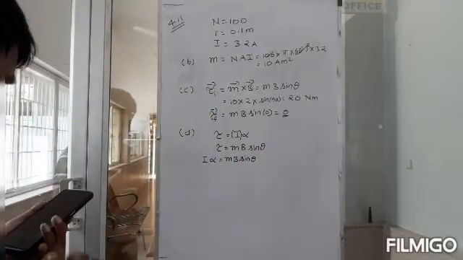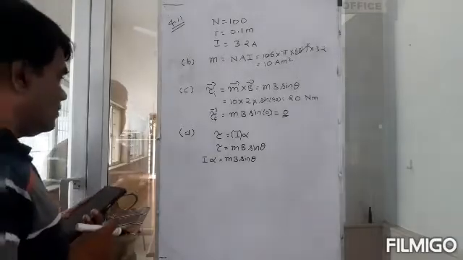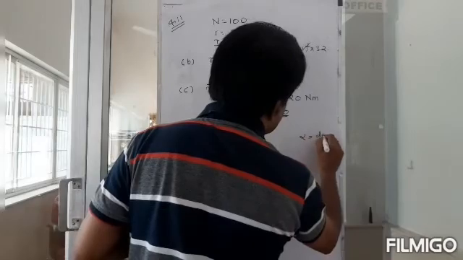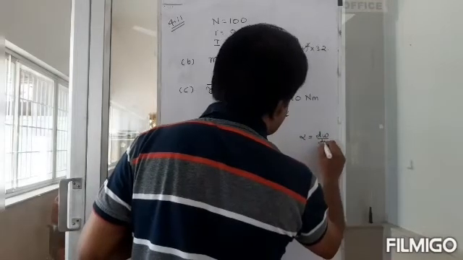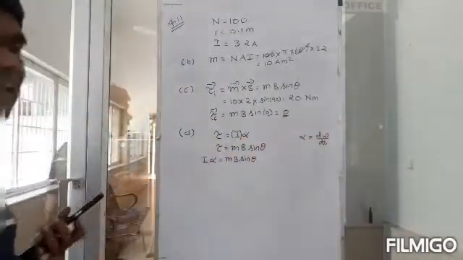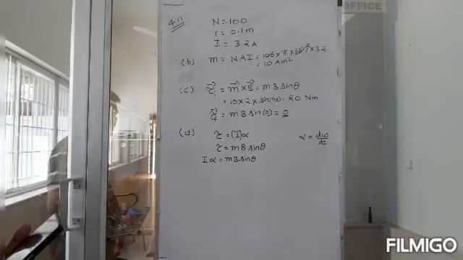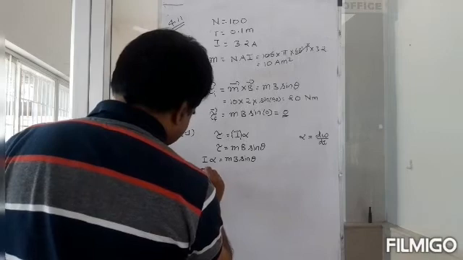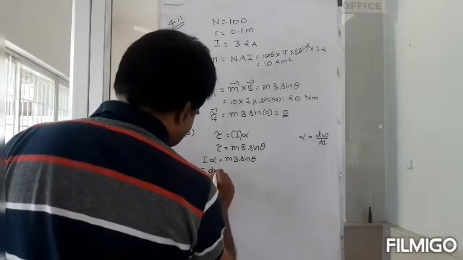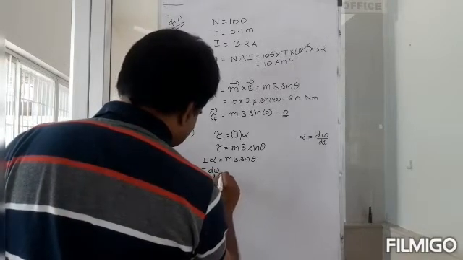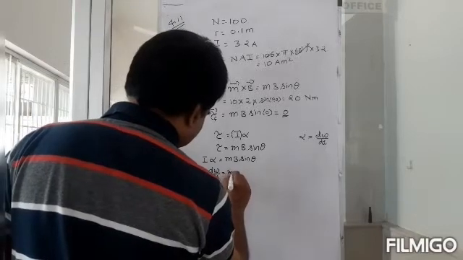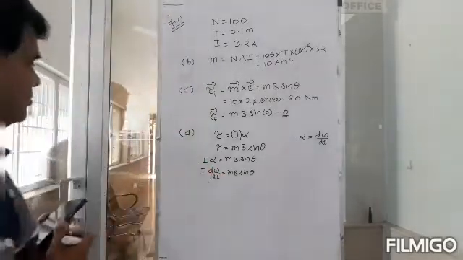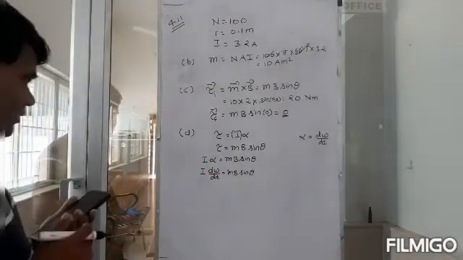But what is alpha? Alpha is actually d omega by dt, right? So the rate of change of angular velocity is alpha. So I can do the same thing here. So that would be I into d omega by dt is equal to mb sine theta.